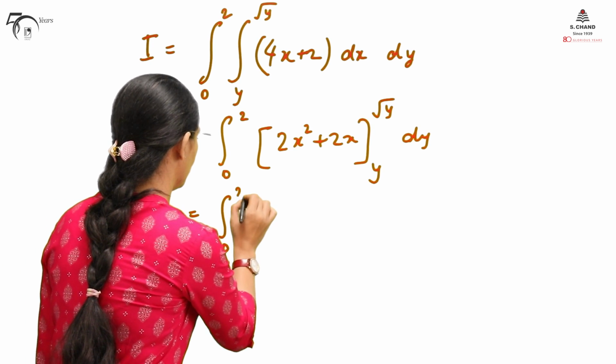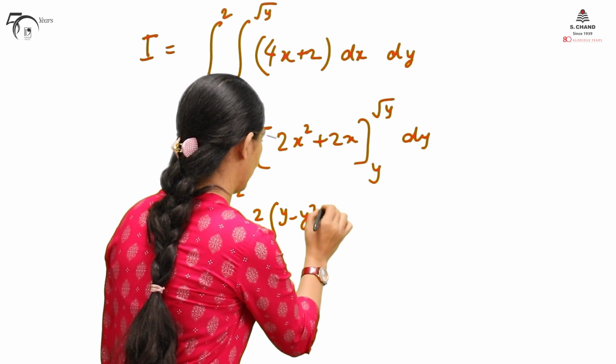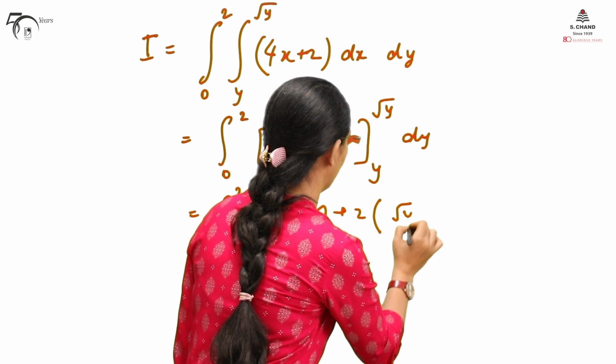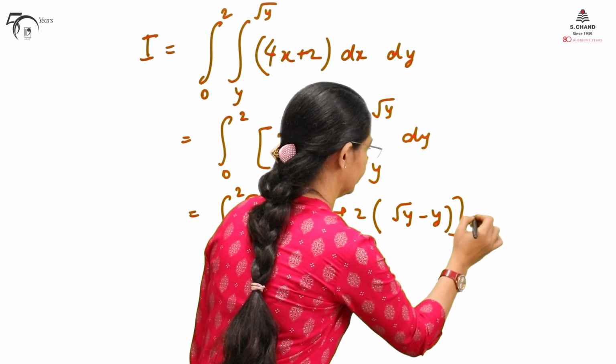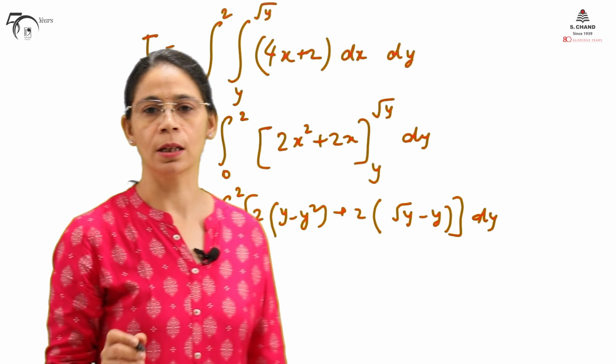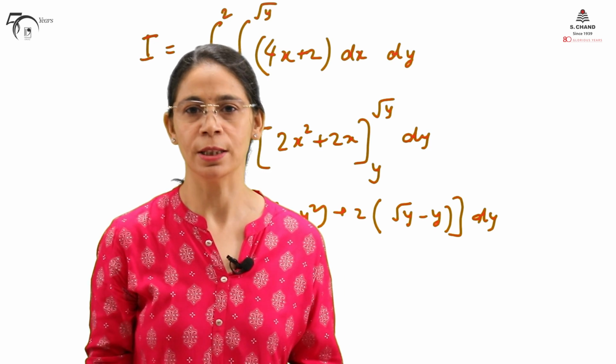So it becomes 2 of (y minus y squared) plus 2 under root y minus y. You can integrate it easily because it has been turned into a single integration, which is very easy to handle.